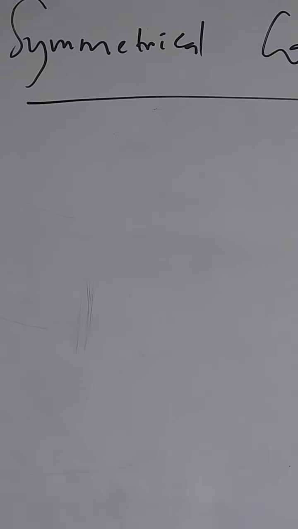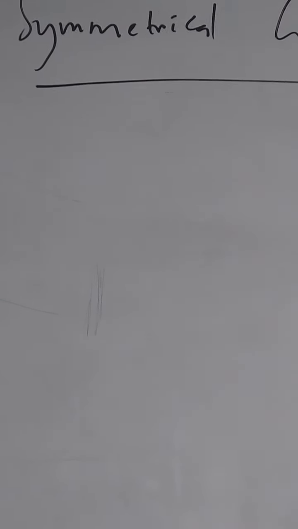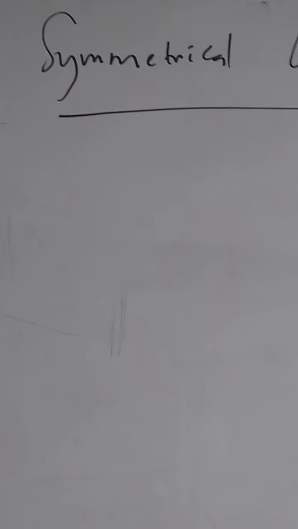non-symmetrical faults are about. A non-symmetrical fault on a three-phase system is a fault that always gives rise to unsymmetrical currents. So when you have an unsymmetrical fault in a three-phase system, it gives rise to unsymmetrical currents.